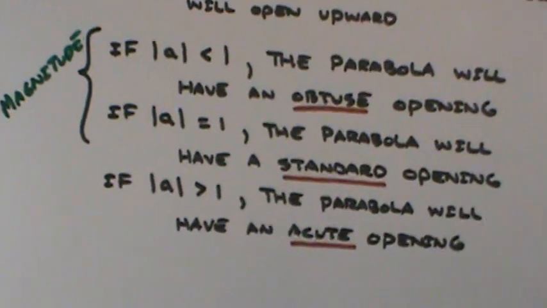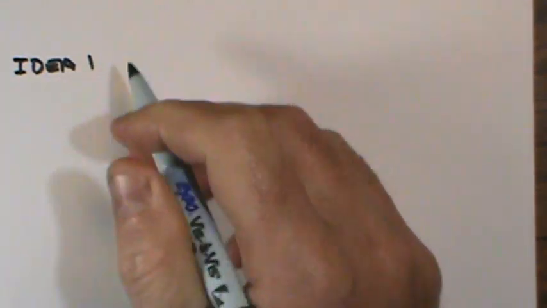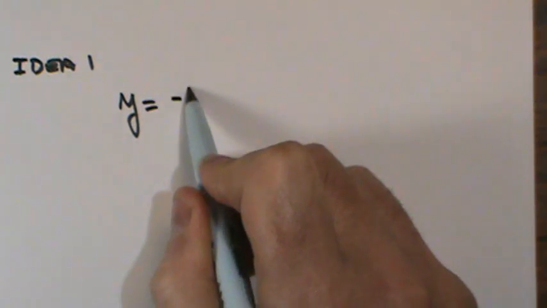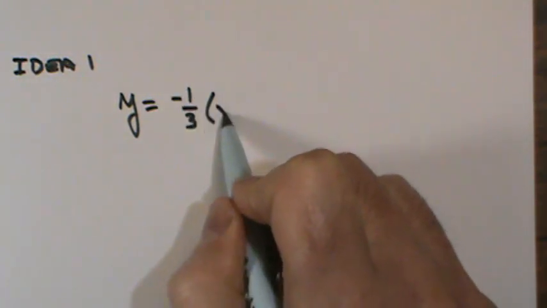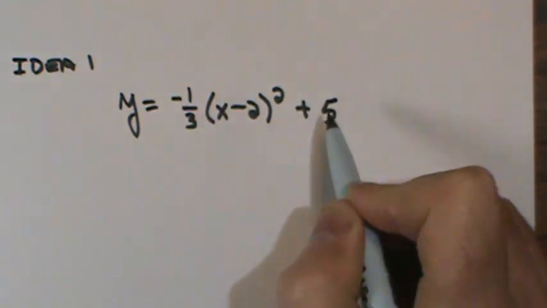I would like to go through a couple examples where I already give you the equation in this HK form and we just look at those characteristics. So we're going to call this idea 1. I've got y equals negative 1/3 times x minus 2 quantity squared plus 5.